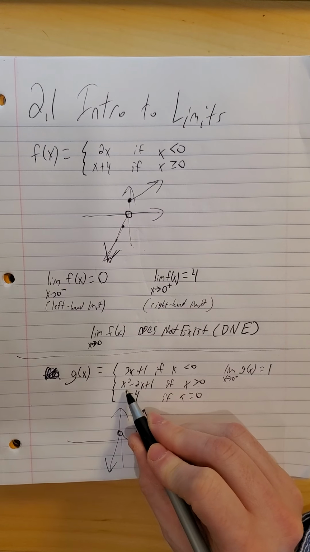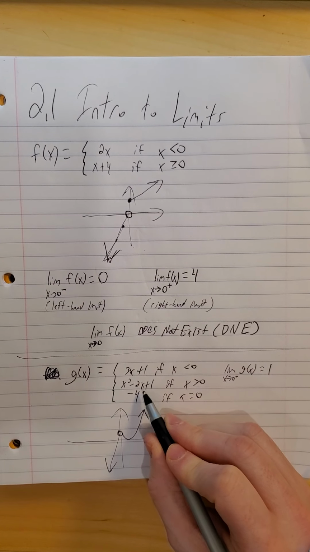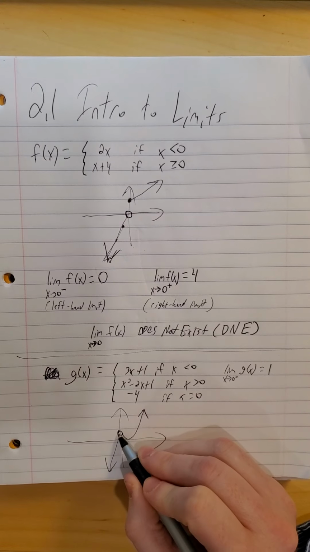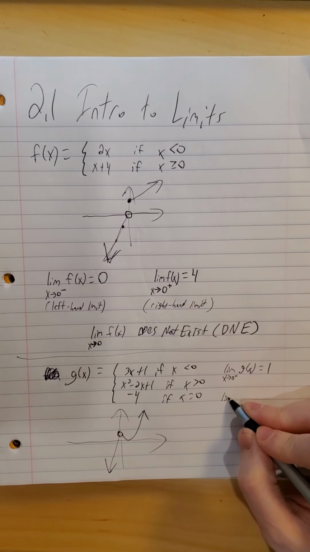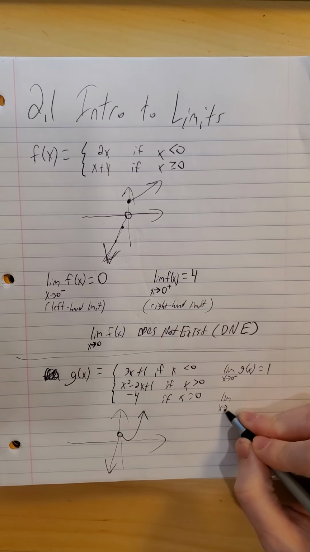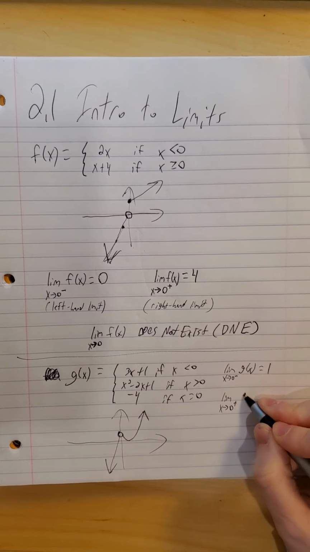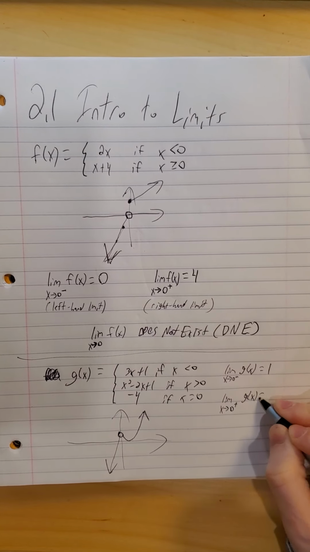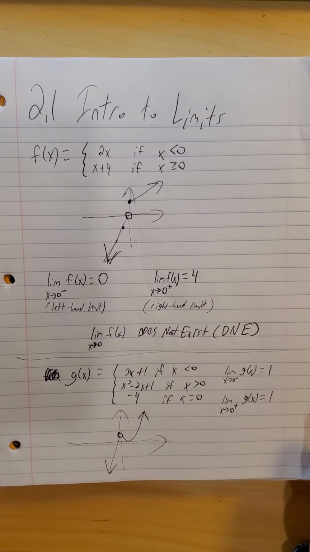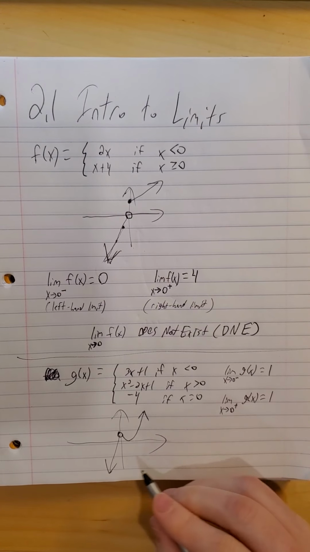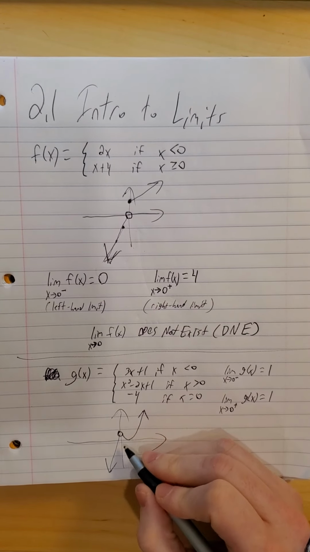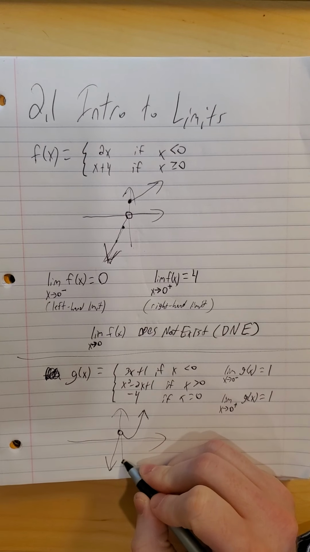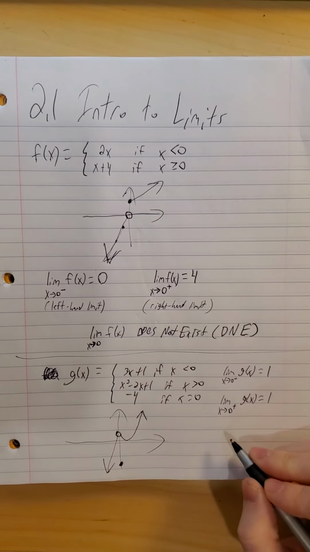Well, 0 squared is 0. Negative 2 times 0 is still 0. And plus 1 also takes us close to 1. So we can say that the limit as x approaches 0 from the right of function g of x is also a positive 1. Now it just so happens that at 0 we have negative 4.